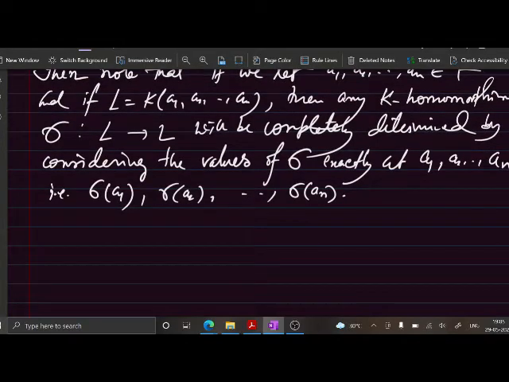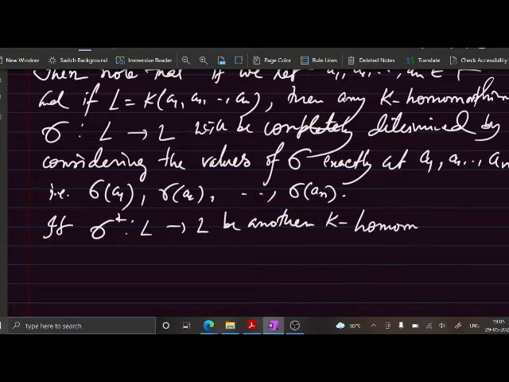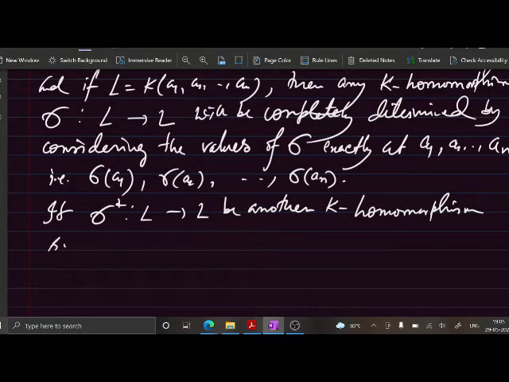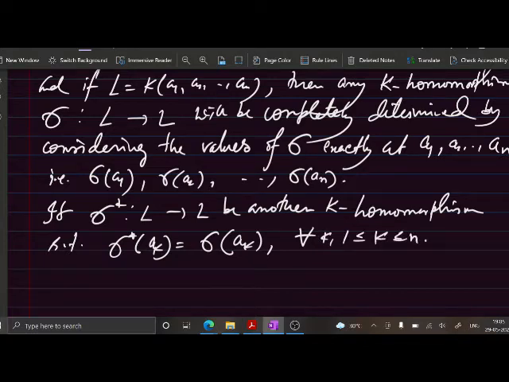Because if you take sigma star from L to L be another K-homomorphism, such that sigma star of AK equals sigma of AK for all K, 1 less or equal to K less or equal to N. Okay.